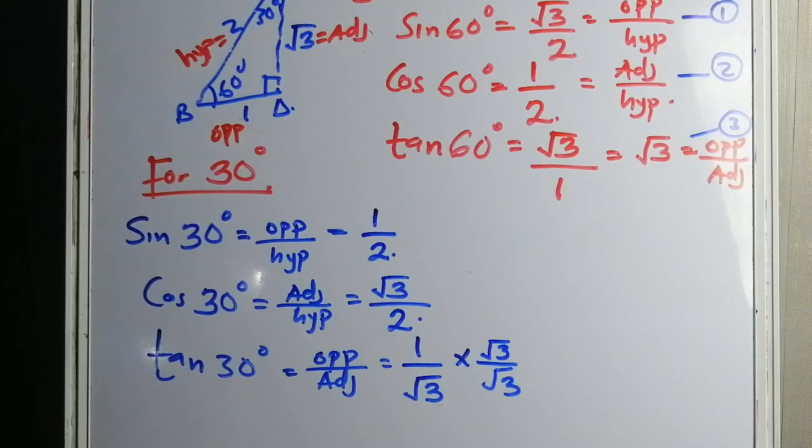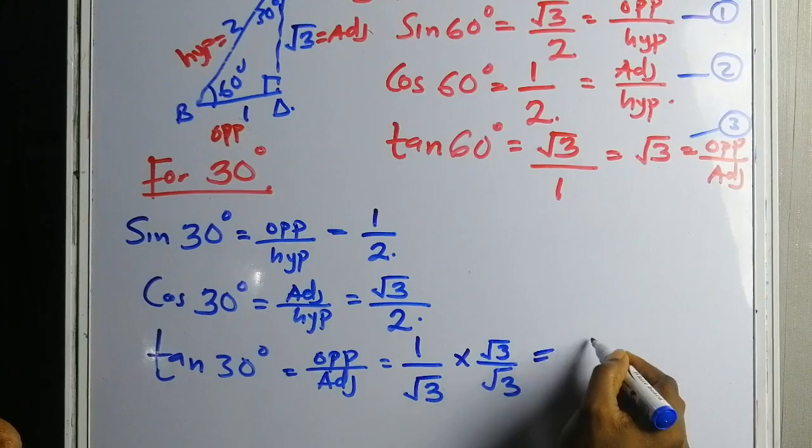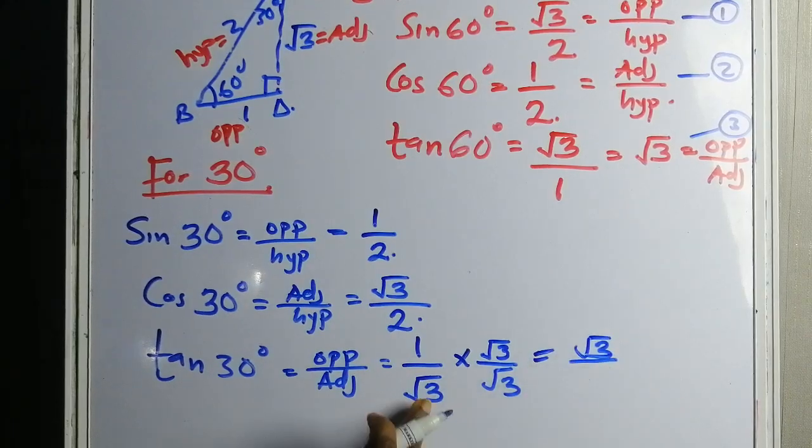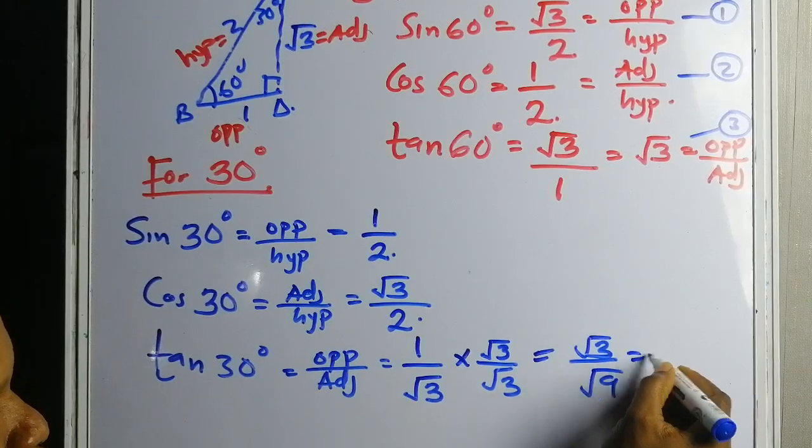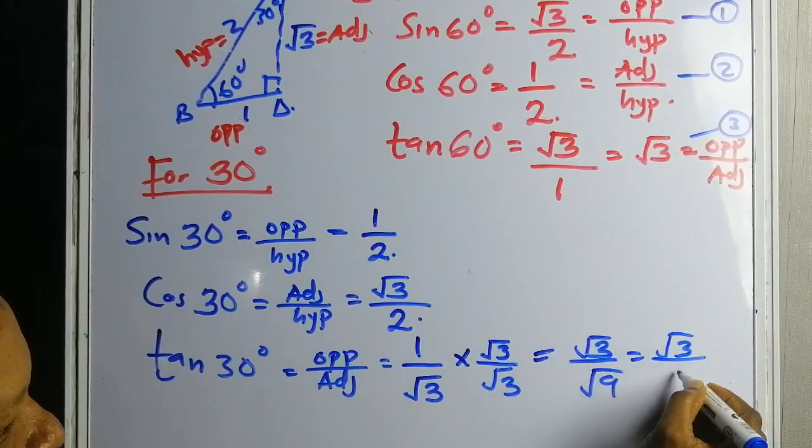If you don't understand, please go to Facebook or YouTube for the full video on that. So that will be root 3 over root 3 times root 3, which is root 9. What's the square root of 9? It's 3.